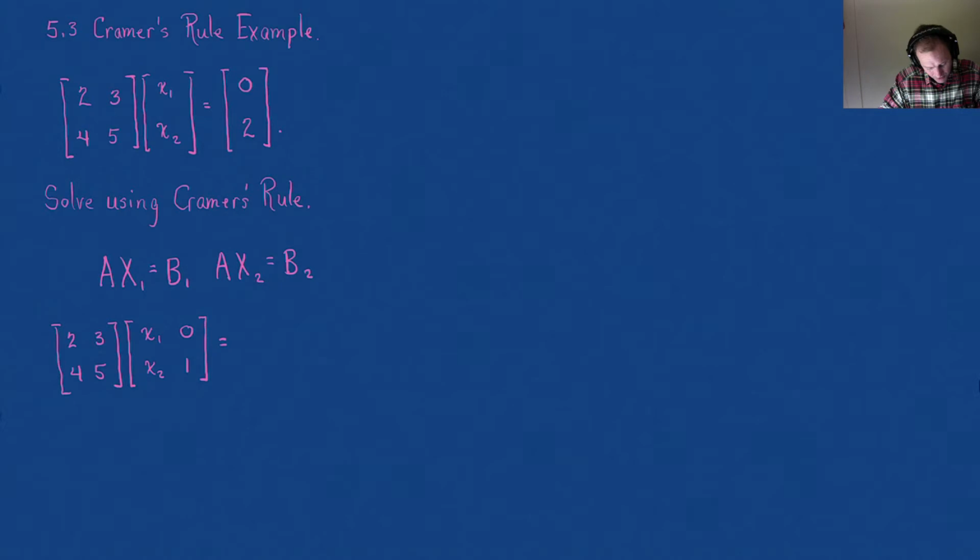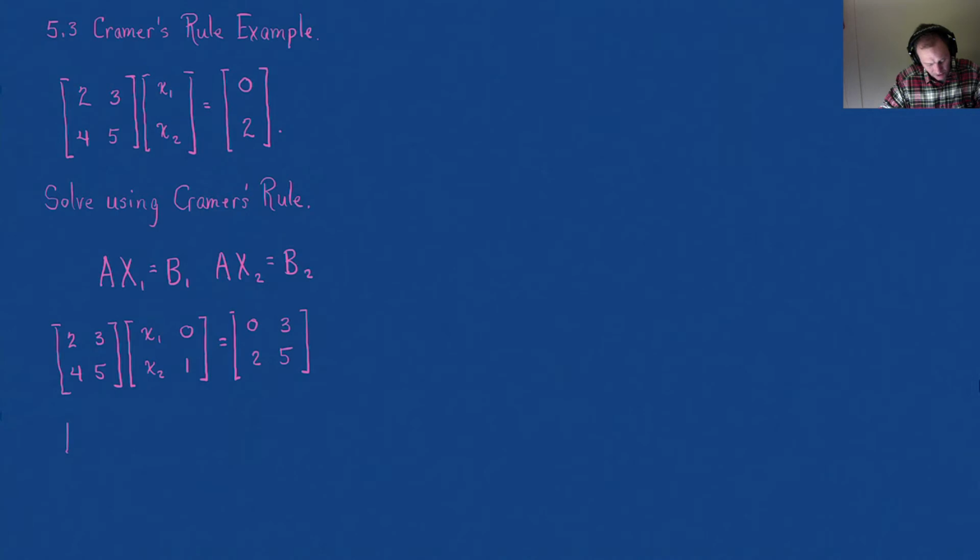And this is then equal to the matrix B1. Well, B1 says the first column is B. Oh, I'm sorry, we actually have what B is. B is 0, 2. And then in the second column, we put the second column of A. That's 3, 5.